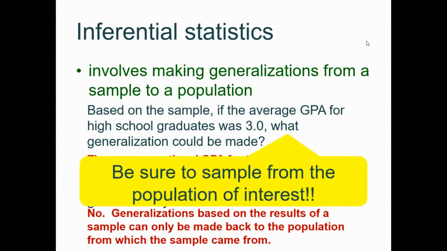Regardless, make sure your sample comes from the population of interest. If you're looking at the GPA of high school students, don't go to SFA and sample their GPA and include it in your study. They're not high school students, they're college students. Make sure your sample comes from the population you want to look at.